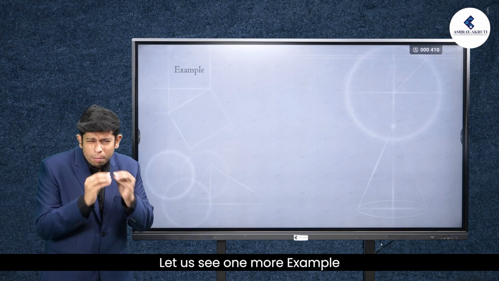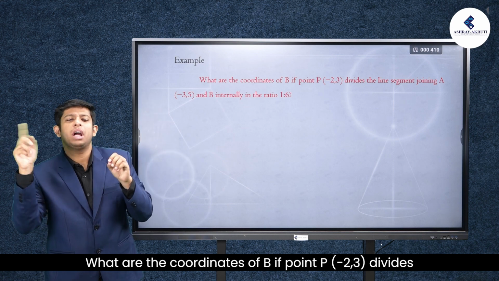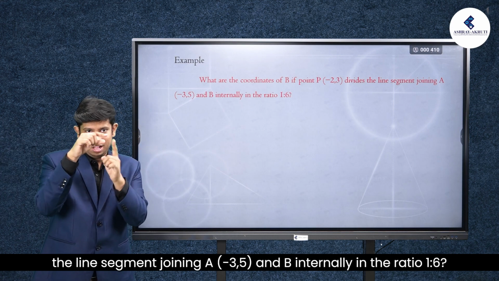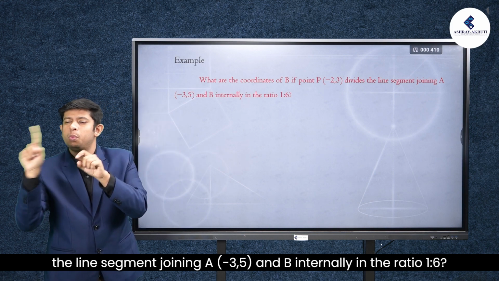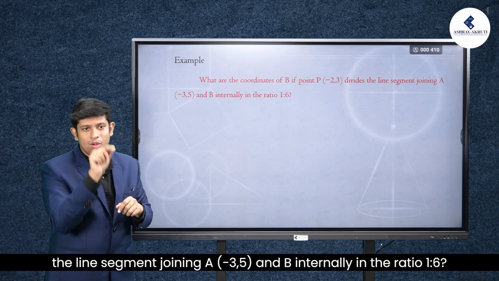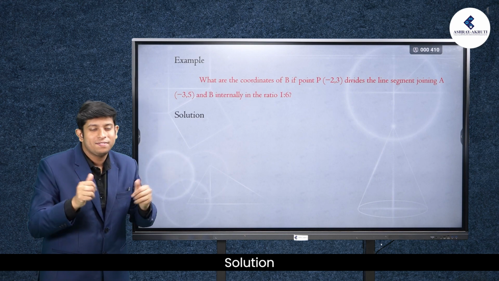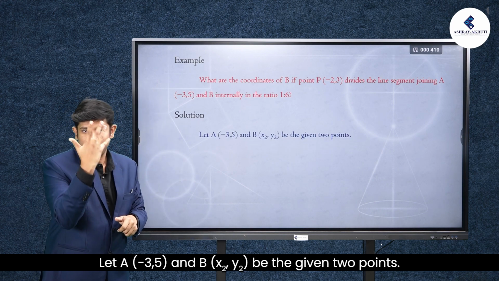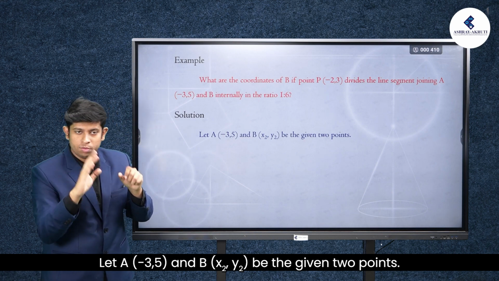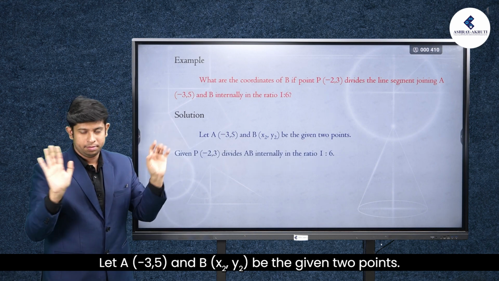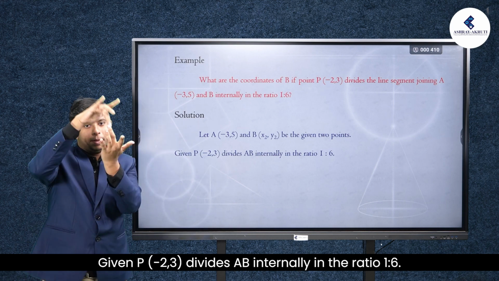Let us see one more example. What are the coordinates of B if point P minus 2, 3 divides the line segment joining A minus 3, 5 and B internally in the ratio 1:6? Solution. Let A minus 3, 5 and B x2, y2 be the given 2 points. Given P minus 2, 3 divides AB internally in the ratio 1:6.